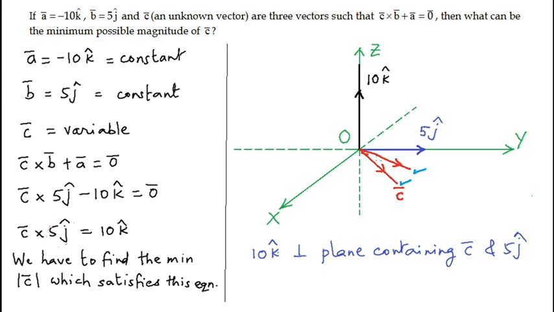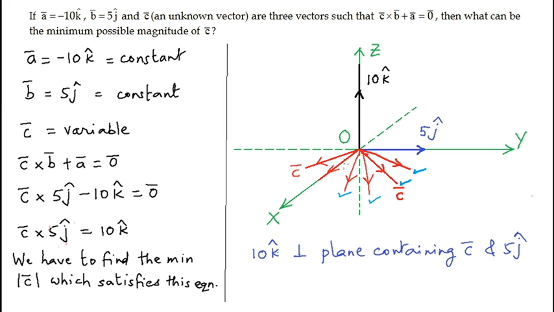It's quite easy to see that other possible directions of C bar could be this direction, or maybe this direction, or even maybe this direction, that is along the positive x-axis. Now let's go one step ahead and analyze this particular direction of C bar. Is it a valid direction?